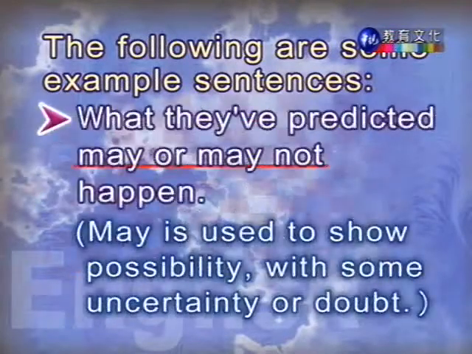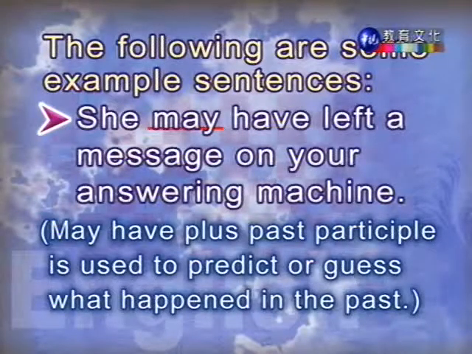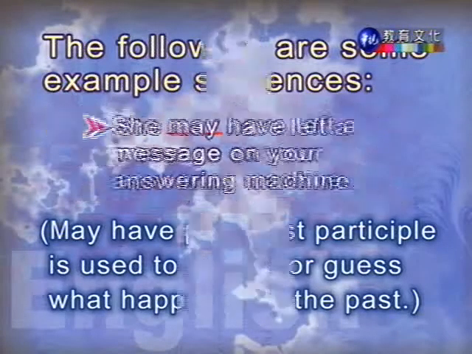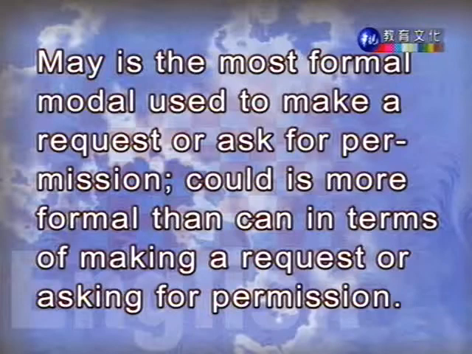Permission. What they've predicted may or may not happen. May is used to show possibility with some uncertainty or doubt. She may have left a message on your answering machine. May have plus past participle is used to predict or guess what happened in the past. May is the most formal modal used to make a request or ask for permission. Could is more formal than can in terms of making a request or asking for permission.